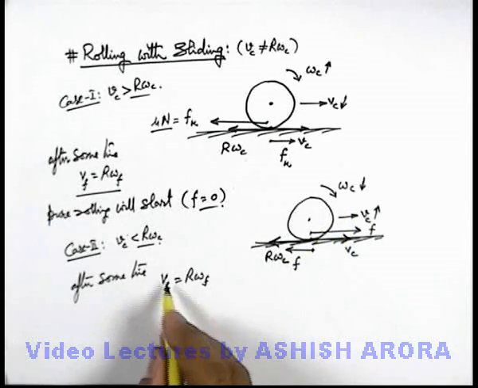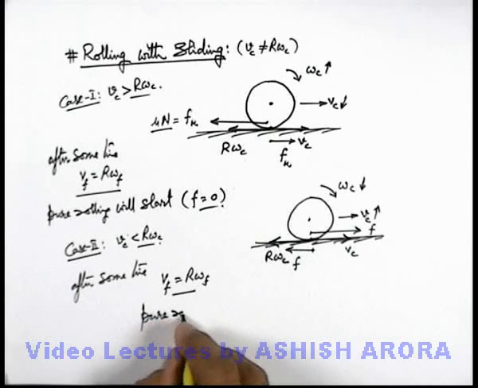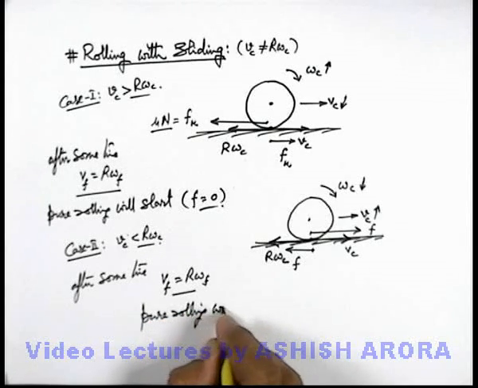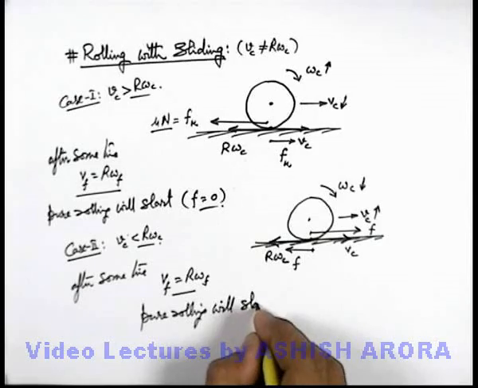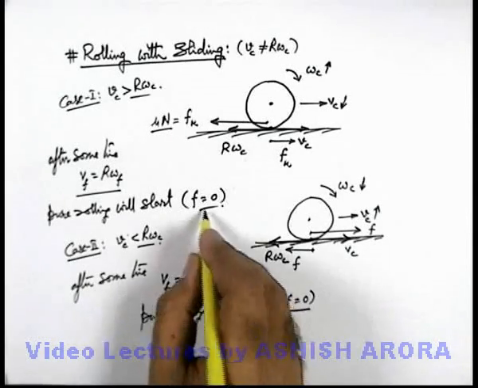So when this happens, again pure rolling will start, and as no external force is acting on the body, again friction is equal to 0.